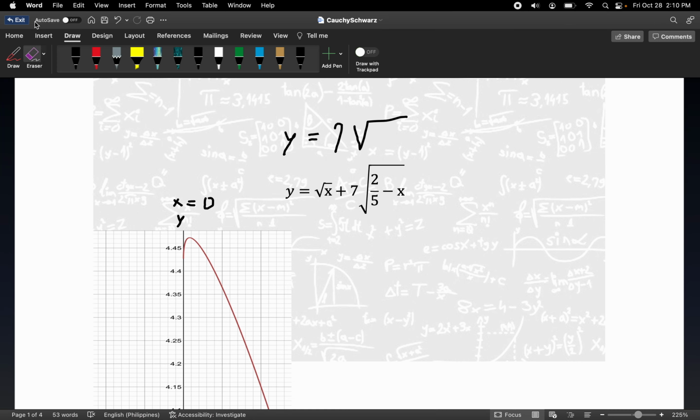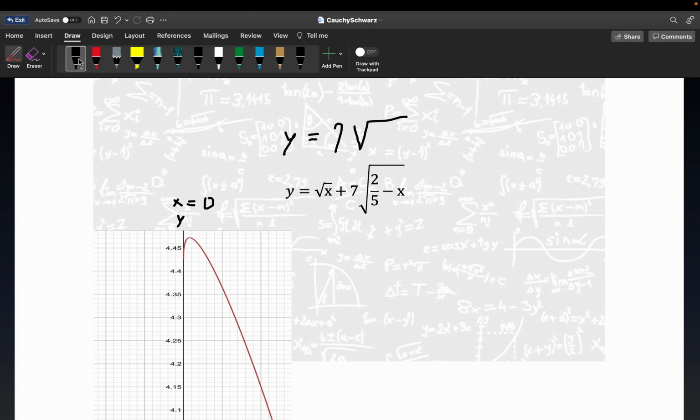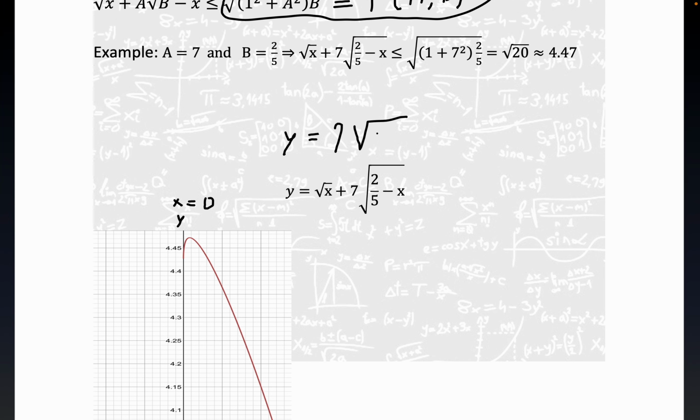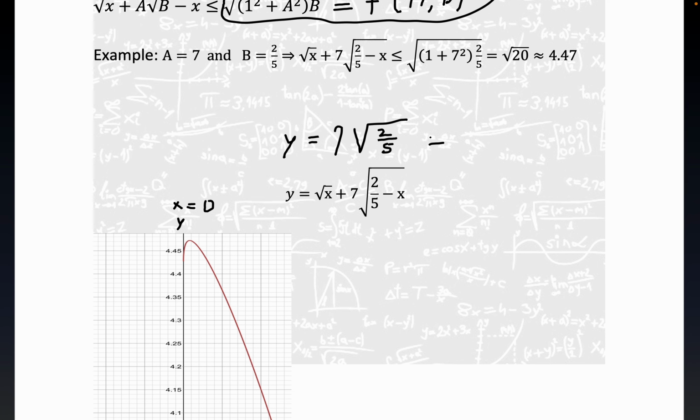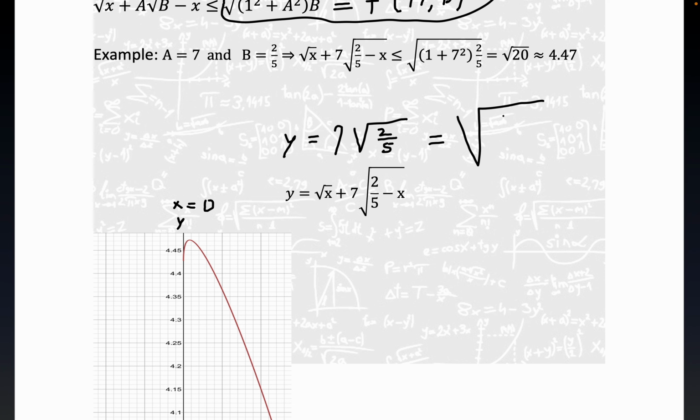I wanted that to be a 2, so that would be a 2/5 right there. Now, if you take the 7 inside there, it would be squared. So this is equal to the square root of 7 squared is 49, and 2 times 49 is 98, so we end up with the square root of 98/5.